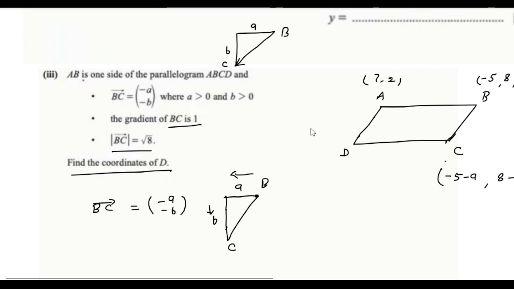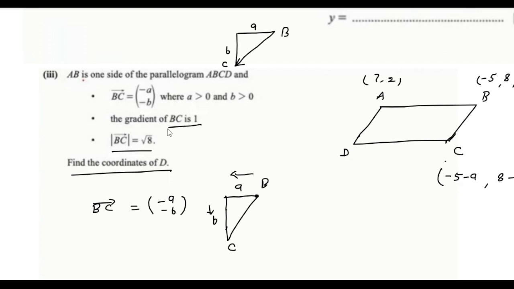So C is (-5 - A, 8 - B). Actually, if you patiently read the question, you will understand how to do it. Means you start working based on whatever knowledge you have. There is a lot of time. Now this is (-5, 8) and this is (-5 - A, 8 - B).